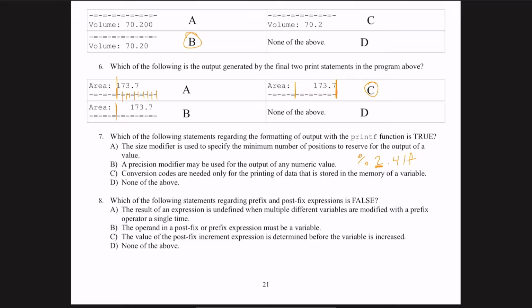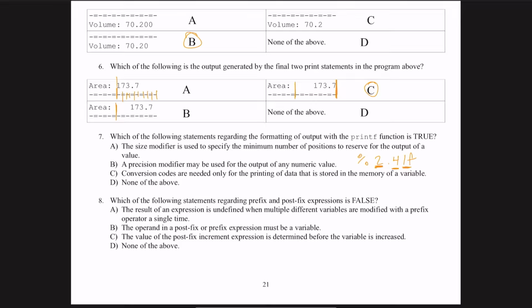Remember that this is width, this is precision, and this is size. So A is false. B, a precision modifier can be used for any type of numeric value. This is also false. Our precision modifier is for the number of decimal places we're displaying, and an integer variable doesn't have any data for a decimal place or anything past the decimal point. So therefore, we cannot use it on integer type variables.